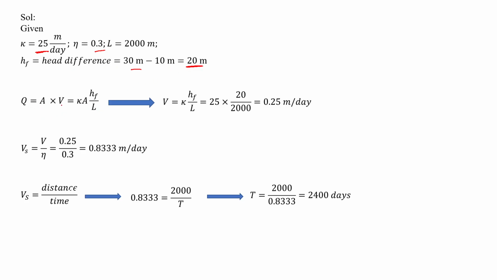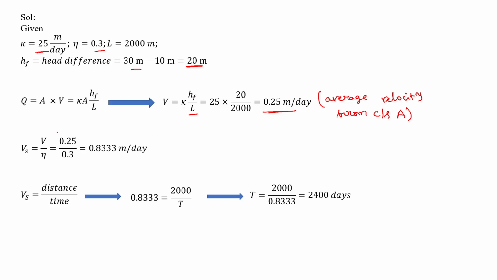As we know, Q equals A into V, and A can be taken out, and V equals K into hf by L. K is hydraulic conductivity, given as 25 meter per day, hf is 20 meters, and length is 2000 meters. By doing this calculation we get the average velocity from the cross-sectional area A, that is 0.25 meter per day.